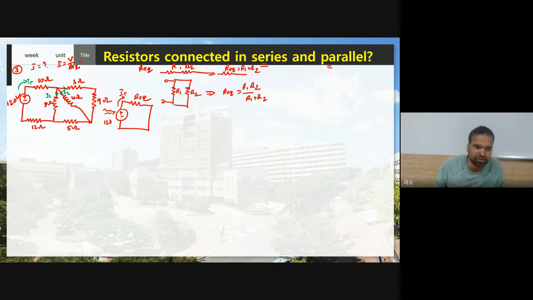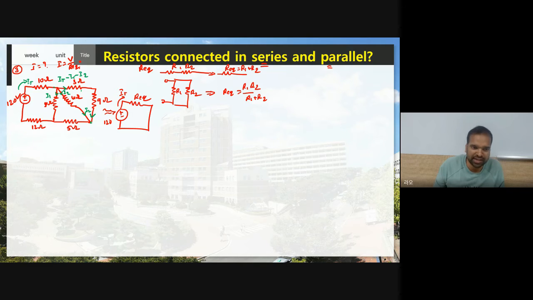What current is flowing to the 3 ohm resistor? Therefore the total current IT minus I1 minus I2. Yes or no? Yes. Now IT minus I1 minus I2 current is flowing to the 3 ohm and 9 ohm resistor. Now see here, what current is coming? I2 current from here, and in this direction IT minus I1 minus I2.